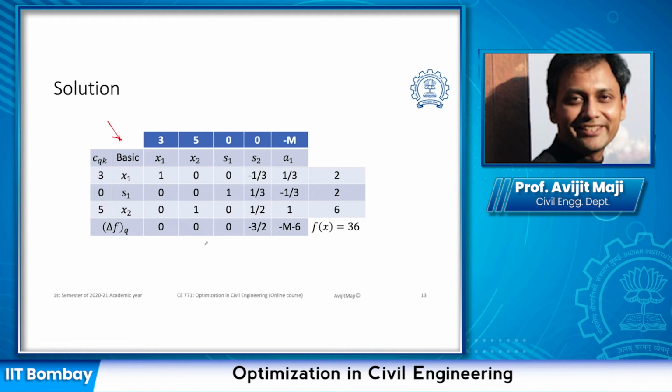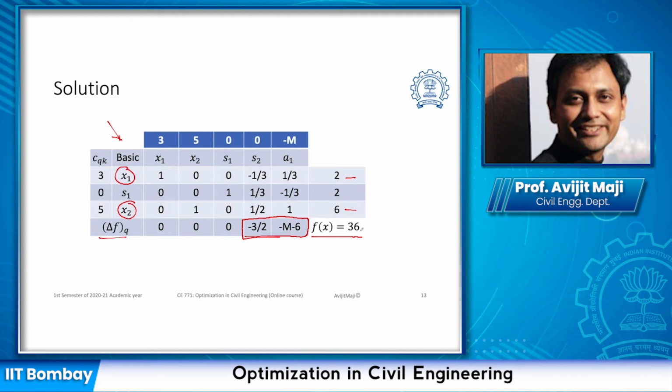At this point, once we estimate the del fq for all the non-basic variables, in this case both non-basic variables have a negative value, so we cannot replace any of the current basic variables with the available non-basic variables. It means our final answer is x1 equal to 2, x2 equal to 6, and the overall objective function is going to be 36.